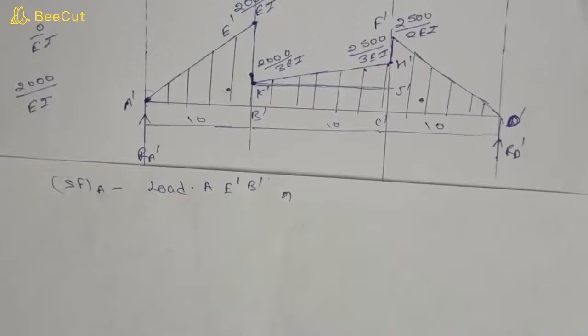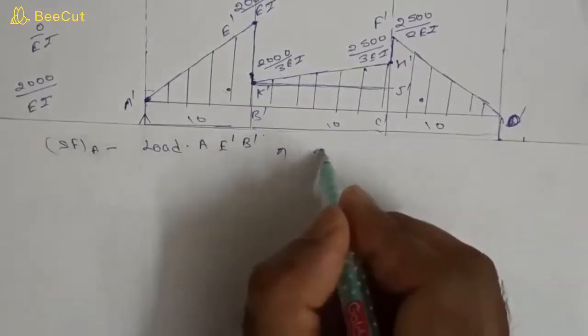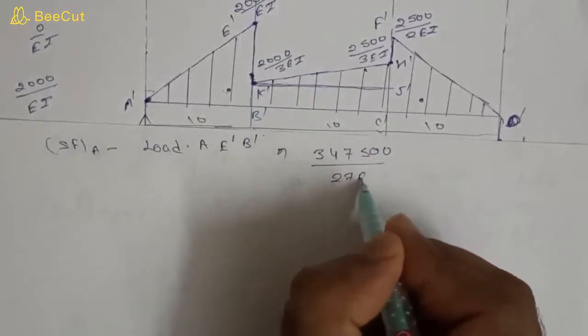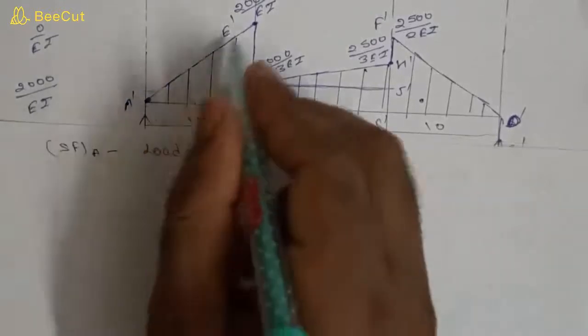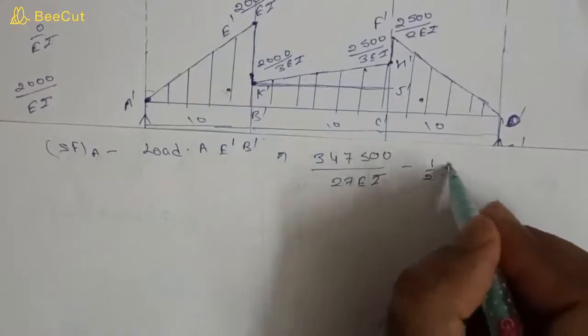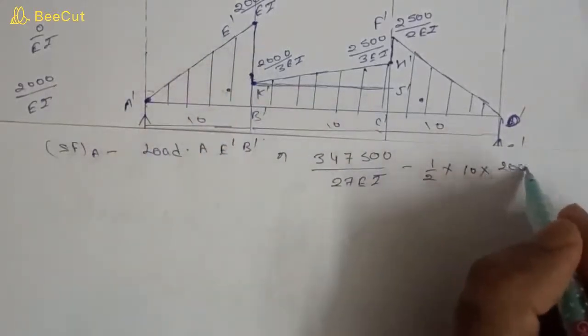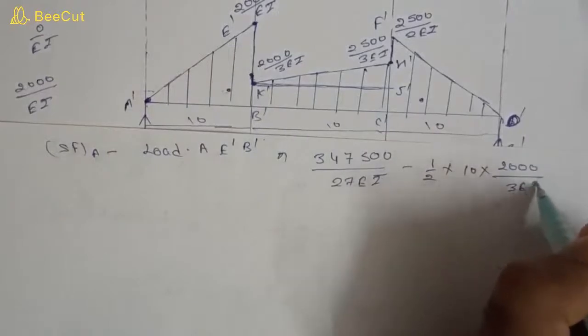So RA is 347500 upon 27 EI minus this load, which is half into base 10 into height 2000 upon 3 EI.